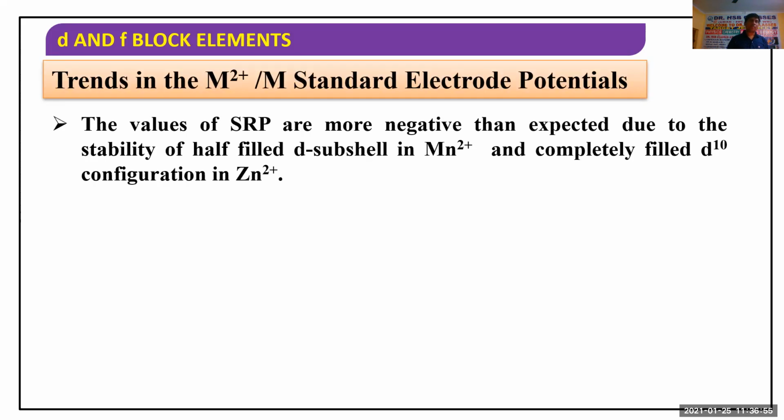You know already that for manganese 2+ the d subshell is half filled, that is d5, and for zinc 2+, that is d10.